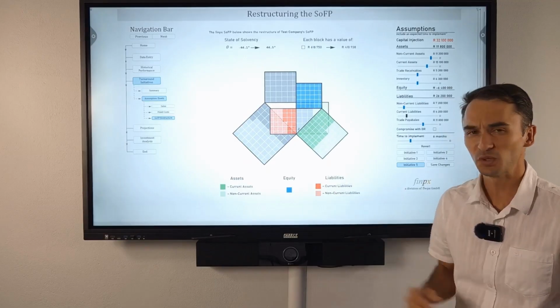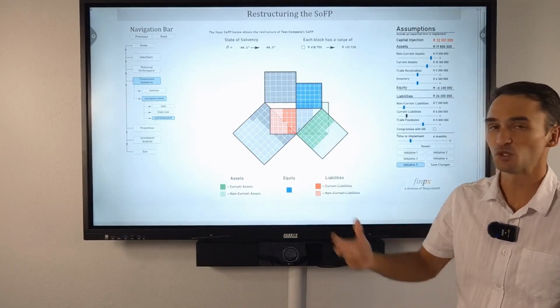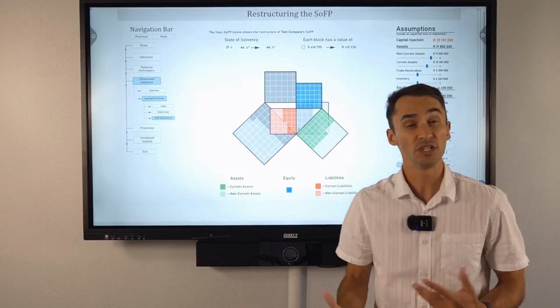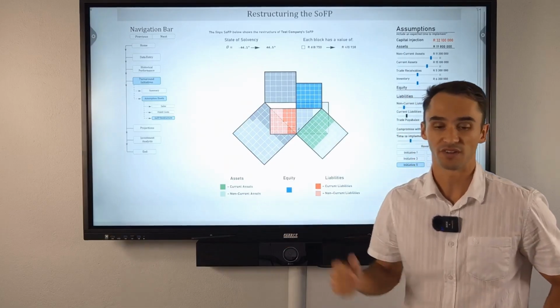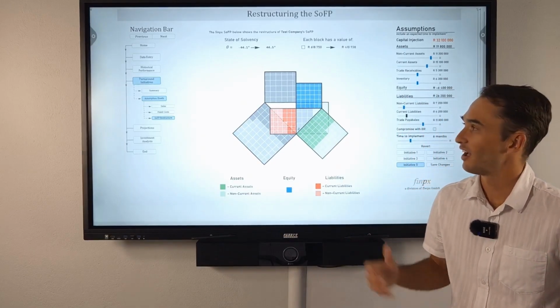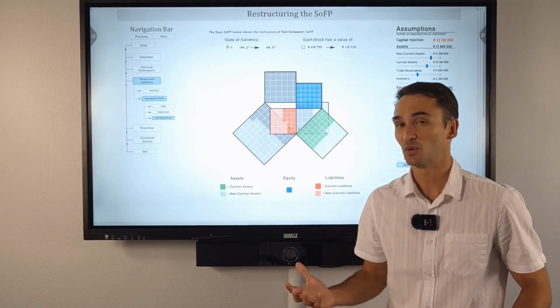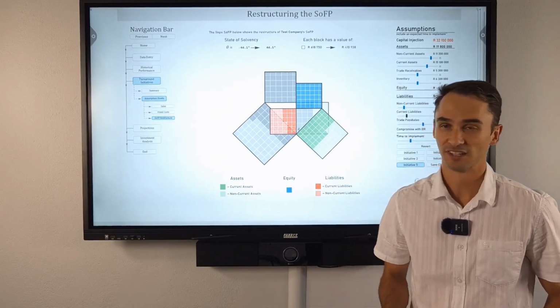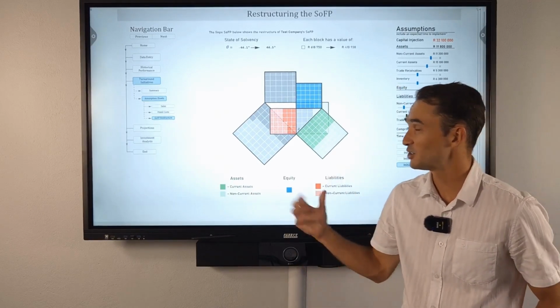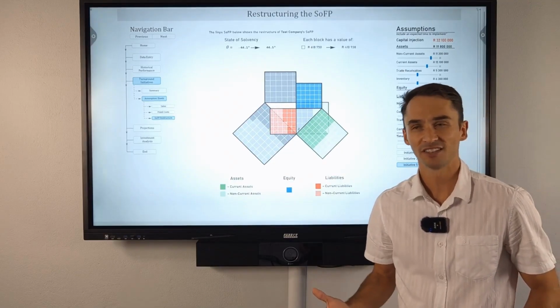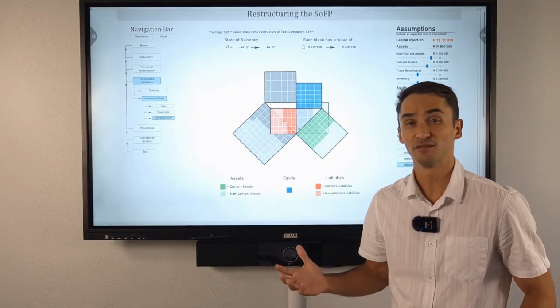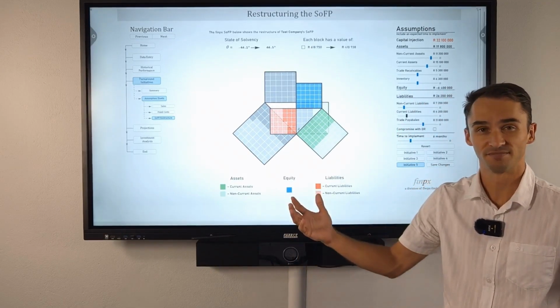Now, this is not always required, and this image would then just be used to show the redistribution of capital within the company. I'm sure by now you can see that Mathematica has become more than just our coding environment. It has become our design studio, our simulator, calculator, and even presentation layer.